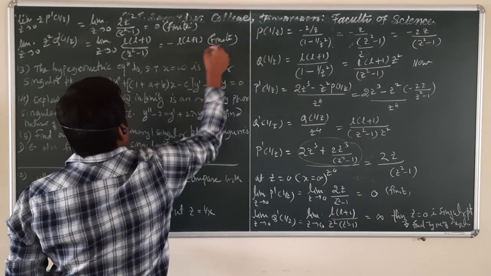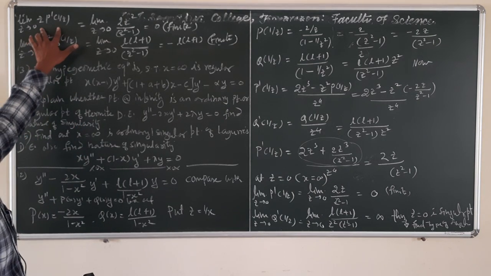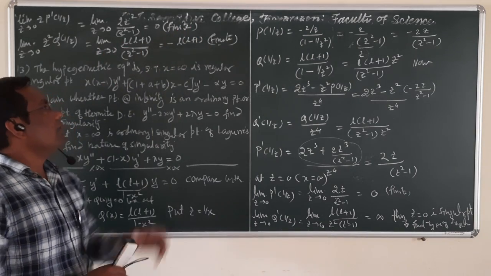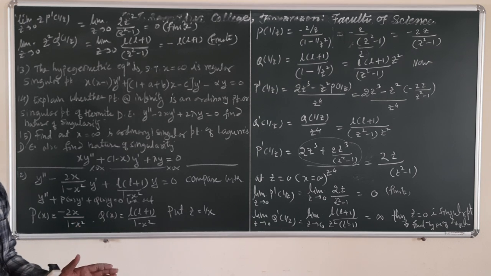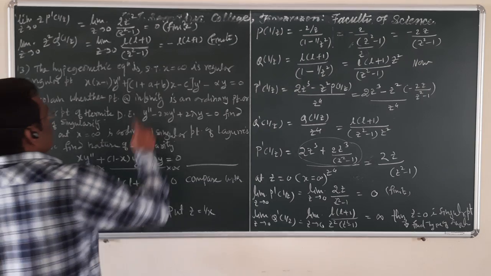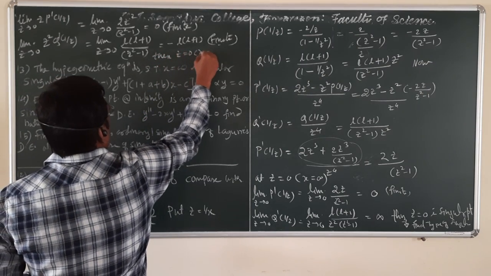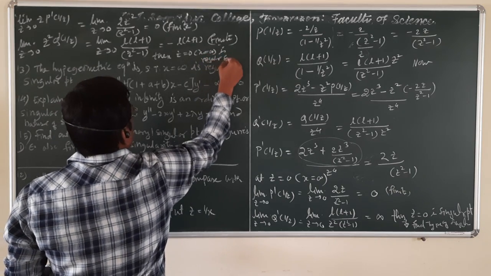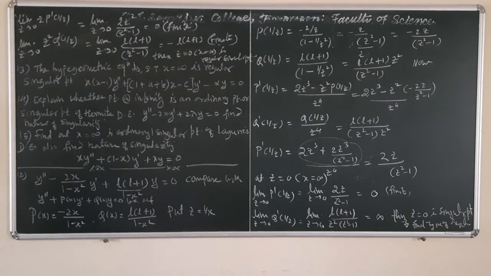Why? Because this L is a constant term. Since z into p dash and z square into q dash both remain finite, we can say x is equal to infinity, or z is equal to 0, is a regular singular point of this differential equation.